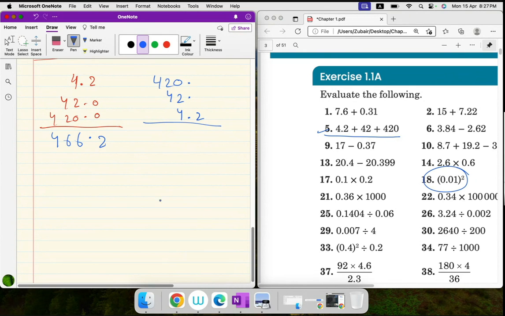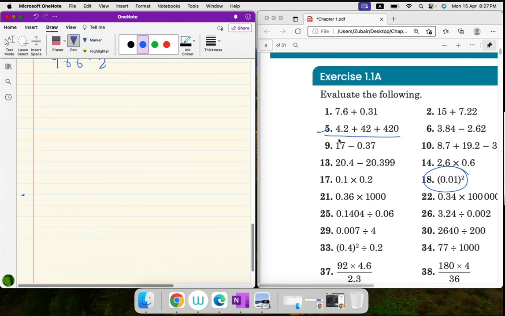466.2. Now let's try some numbers with subtraction. Try this: 17 minus 0.37. 16.63.